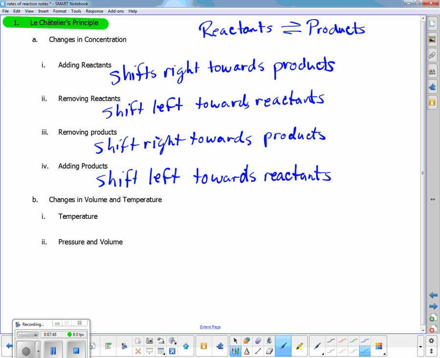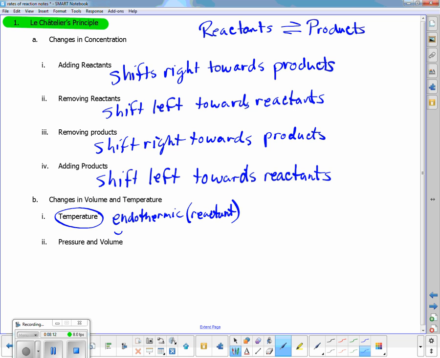Okay, and other things that will affect it are temperature and volume. Now temperature, if you remember, if it's endothermic, where was the heat? It's when it's going in, so it was on the reactant side, right?